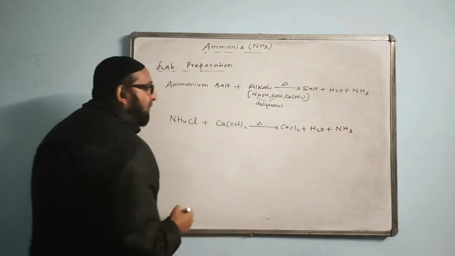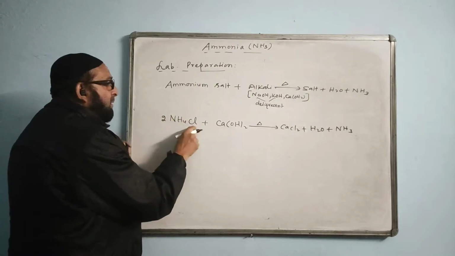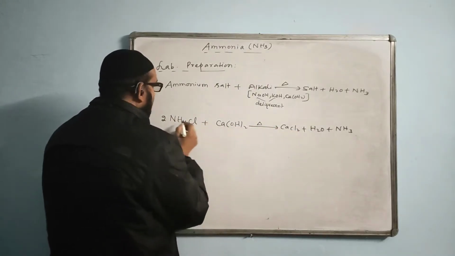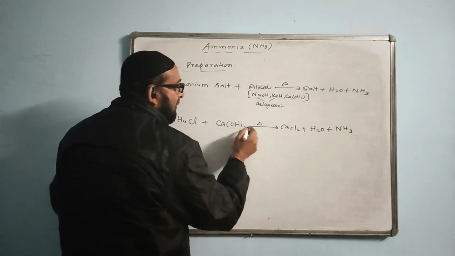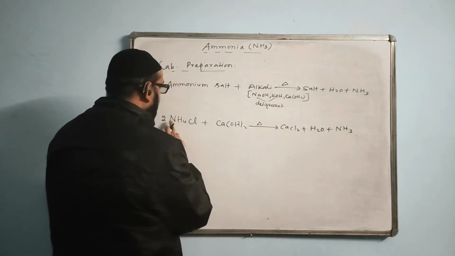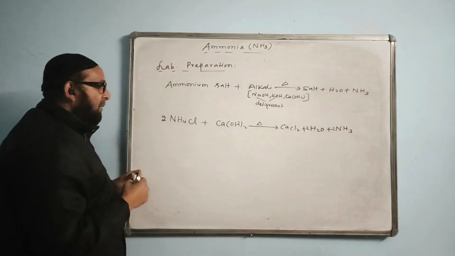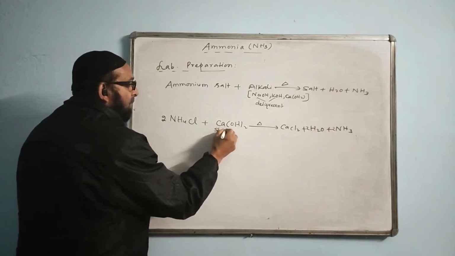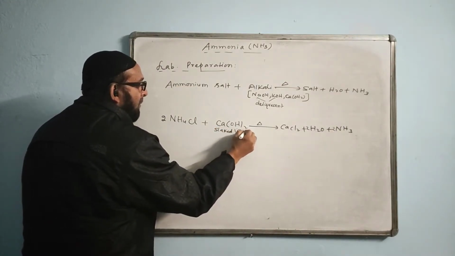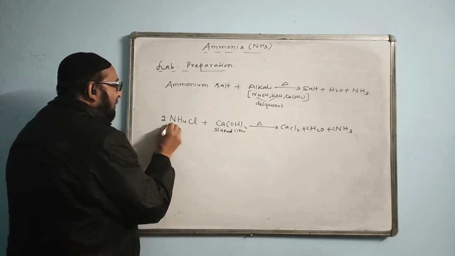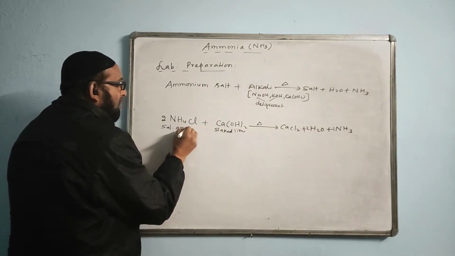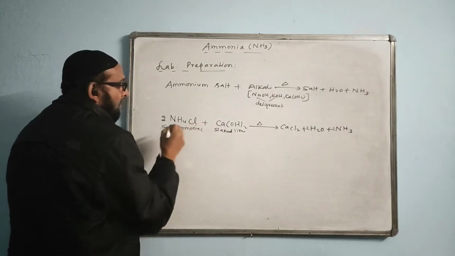Now we will balance it. You will put 2 because Cl2 is written here. Then 2 for the NH4Cl, you have 2N coming here, so you put 2 over here and 2 there. It's all balanced. This is slaked lime. This is called sal ammoniac. The common name is sal ammoniac.